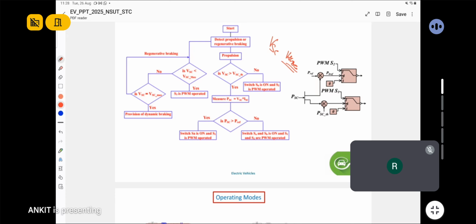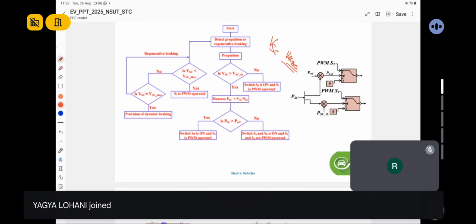In such a situation, there will be high losses in the supercapacitor as well as in the converter system, because of the high current.